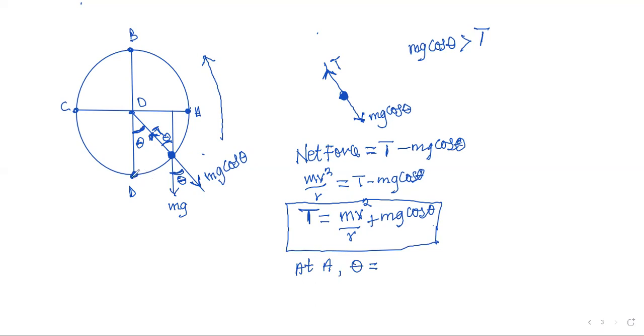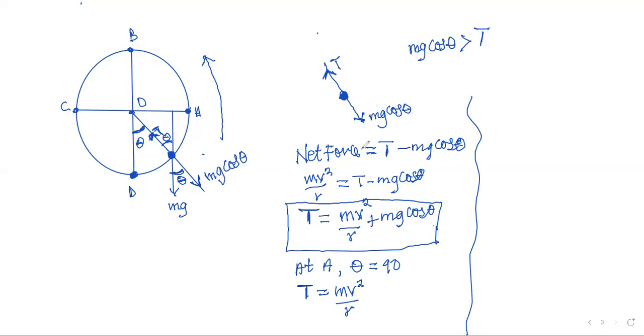So at A, the body has moved from D to A. If theta is 90, then look at the expression for the tension. Cos 90 is 0. So the tension is equal to the centripetal force, mv squared over r.